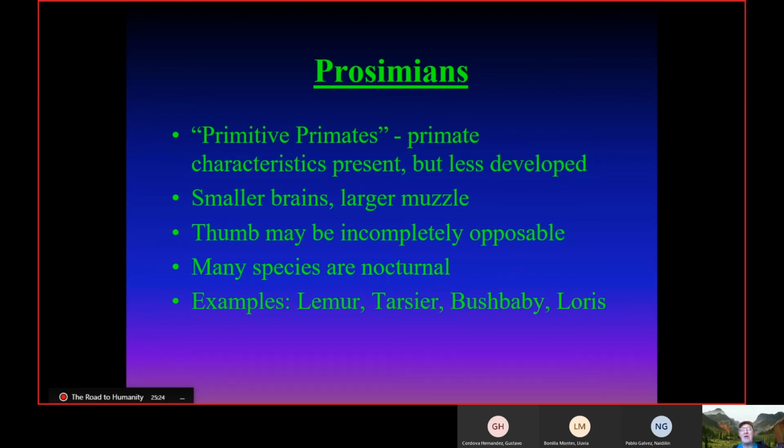So lemurs are found only on the island of Madagascar, which by plate tectonics broke off from Africa long ago, before monkeys evolved. So after prosimians evolved on Africa, that's when the island of Madagascar broke off.